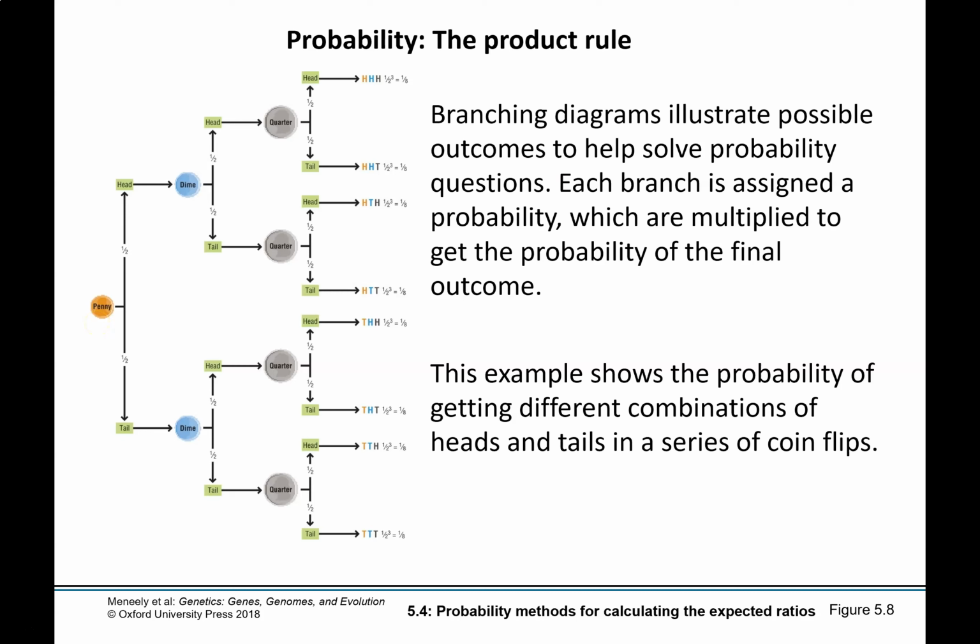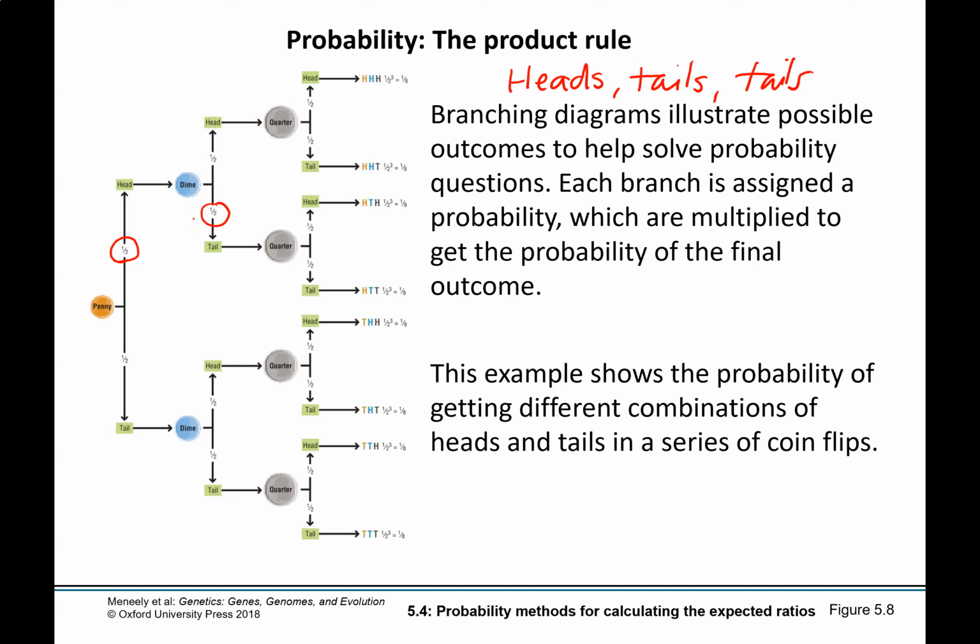So let's say we want to determine the chance of flipping a penny heads, then a dime tails, and then a quarter tails. The probability of flipping a penny on heads is 1/2. The probability of flipping a dime on tails is 1/2.